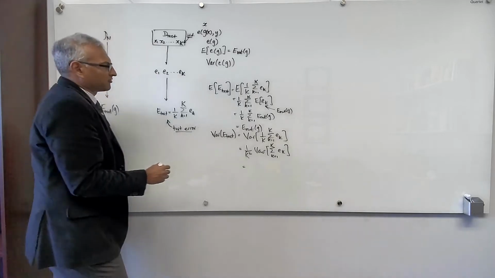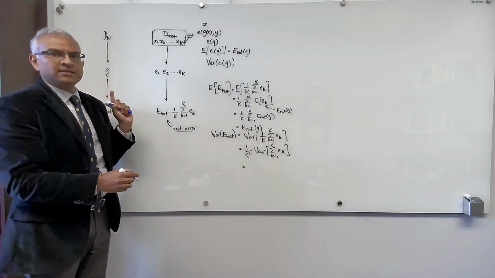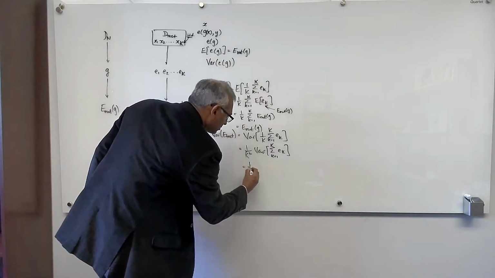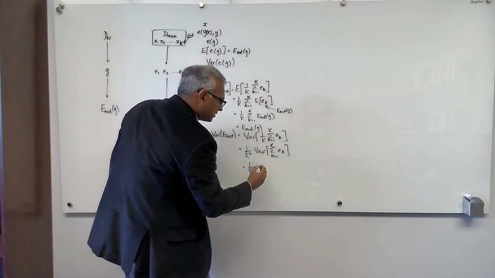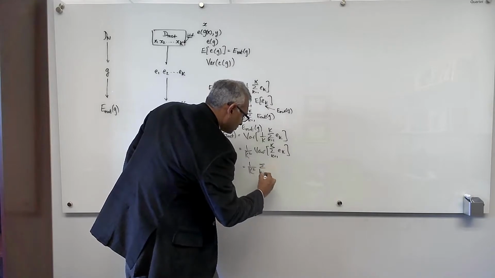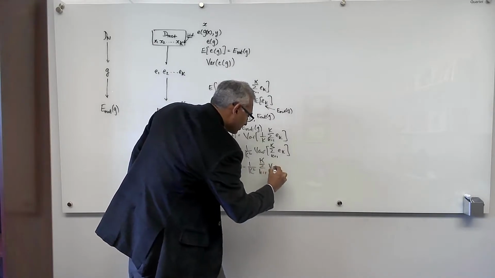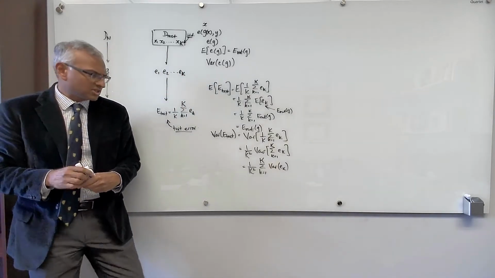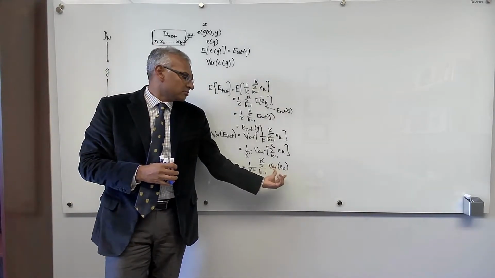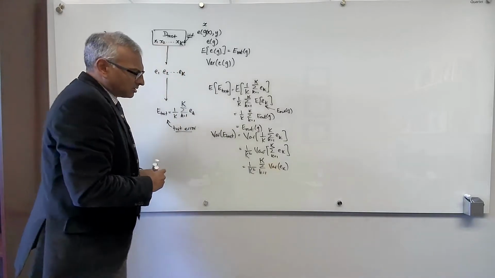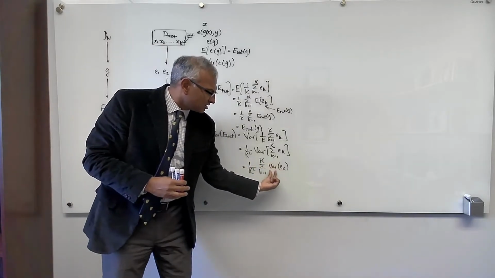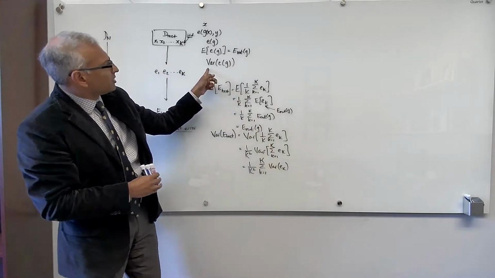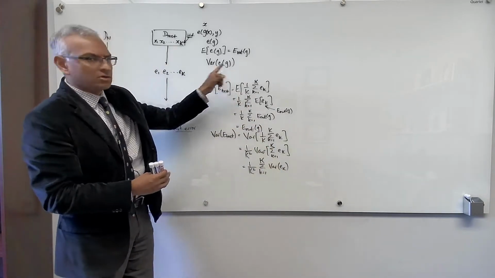Now comes the important fact that the data points are IID, so they're independent. So these e_k's are independent. So this is 1 over K squared times the sum from k equals 1 to big K of the variance of e_k. And that's because the variance of a sum of independent random variables is the sum of the variances. But now this variance is just the variance of the error made on a random test point.